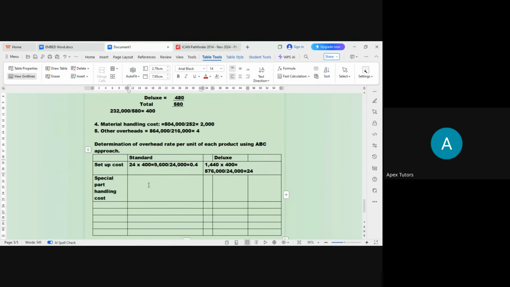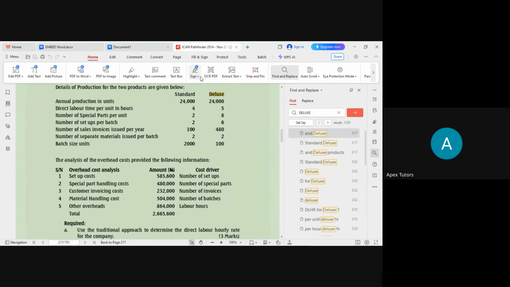At this point, the special part handling cost in terms of the cost driver is 2. The number of special parts per unit is already given per unit, so we don't need to divide by 24,000 again.